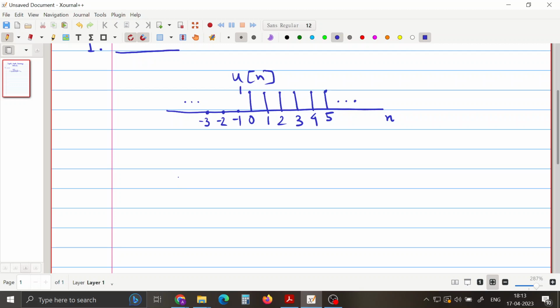So let's see how u of n minus 4 looks. As you can very well guess, u of n minus 4 should start from n equals 4, right? It's just the right shift of u of n by 4 samples. So u of n minus 4 starts here at n equals 4, and for all higher indices it is 1.